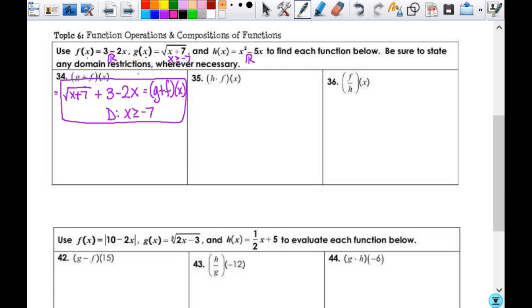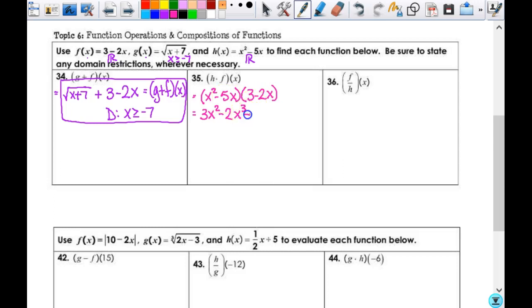35. I'm going to do h times f of x. So h is x squared minus 5x times f of x, which is 3 minus 2x. Okay, and so those parentheses there are important. I need to FOIL. So that's going to give me x squared times 3 is 3x squared. The outside 2 would give me negative 2x cubed.